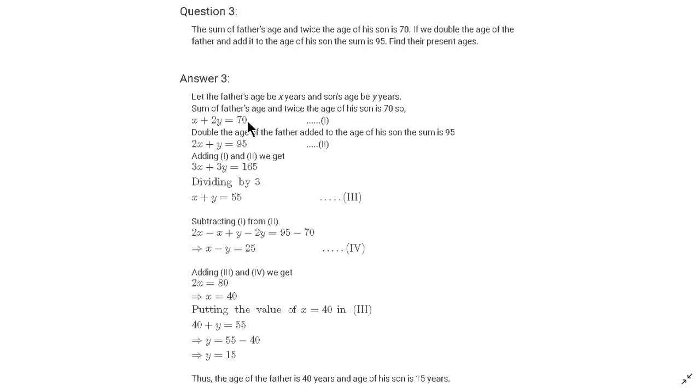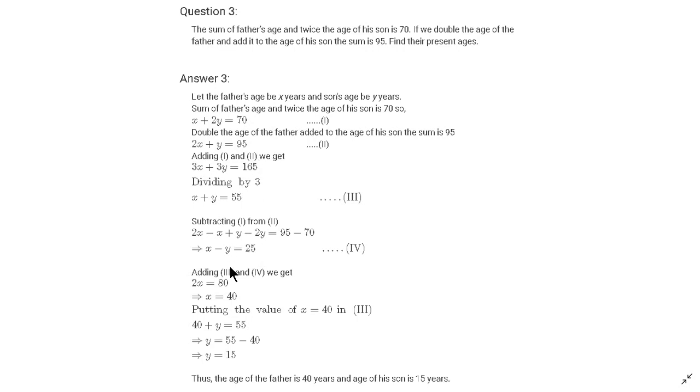You can solve these two equations by any other method. What you can do is multiply here only by 2, so that 2x plus 4y is equal to 140. Then just subtract them, so that 4y minus y is equal to 3y. 3y is equal to 140 minus 95.